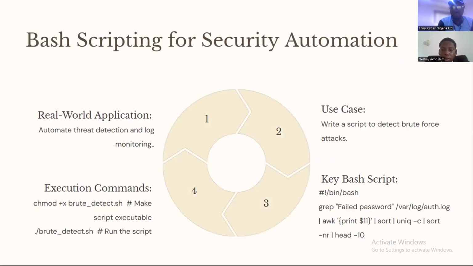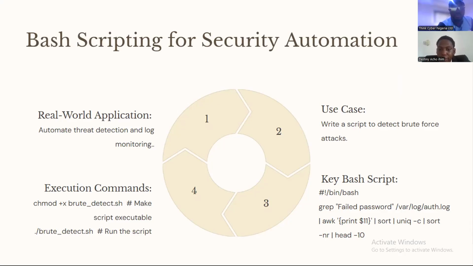Bash scripting is automation in cybersecurity. The definition of automation is trying to make something work on its own. If you have a repetitive command or task that will consume valuable time, that's where bash scripting steps in.